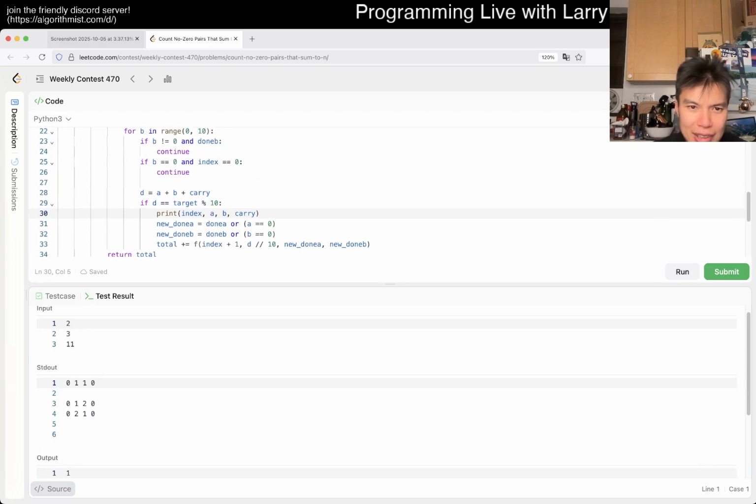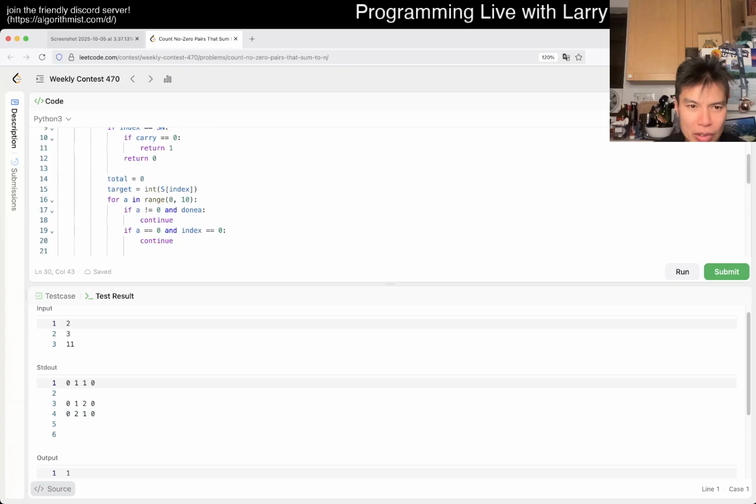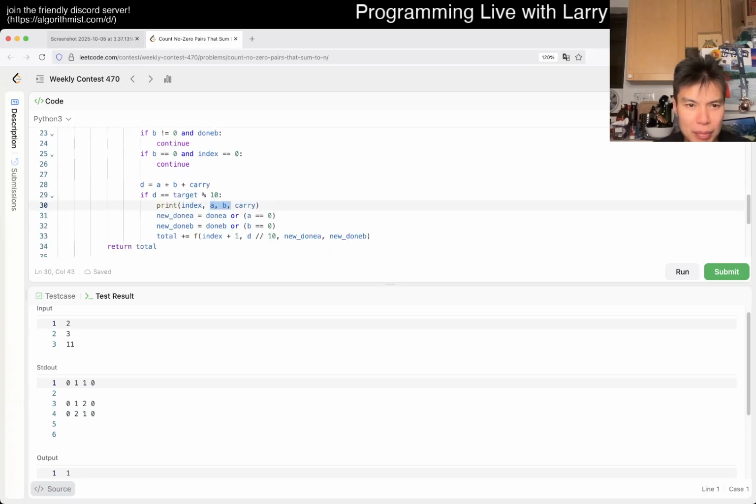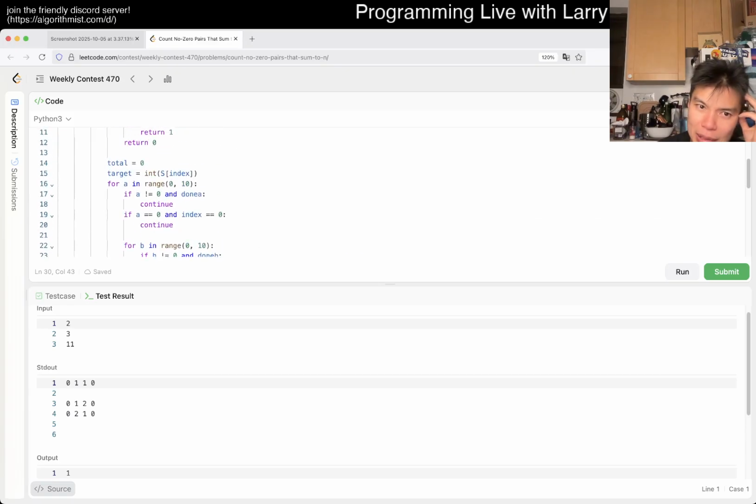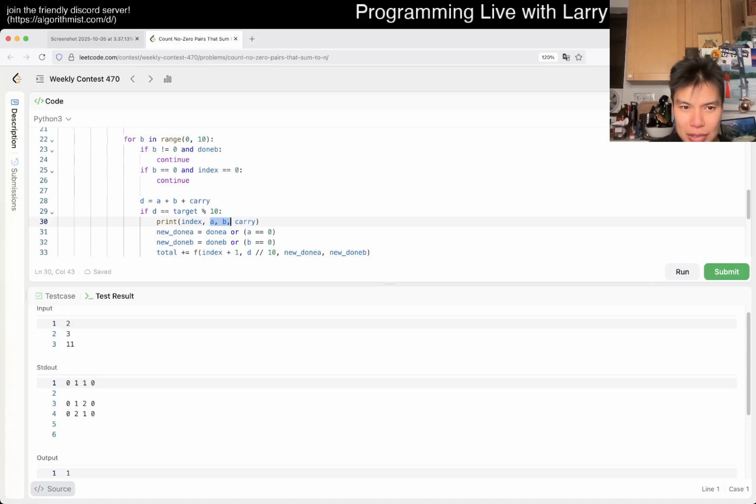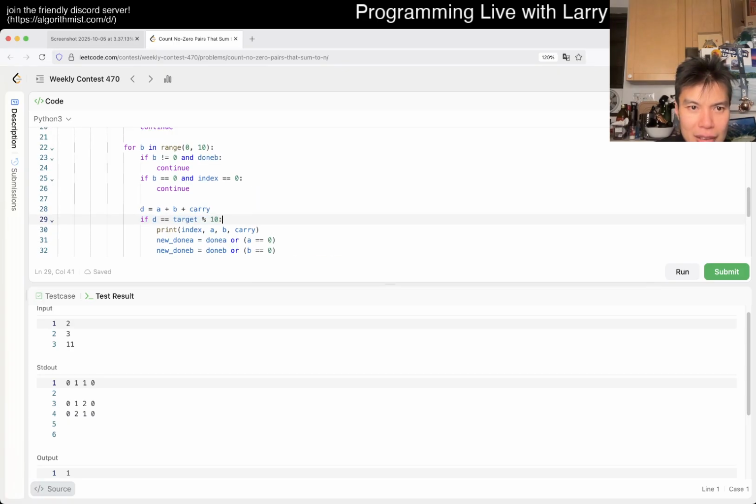So it is not giving me a case where A and B is 0. Target should be 1, right? So if this is 1, this should be 0, this is 0, and we're all good, but it's not reflecting in this, right?